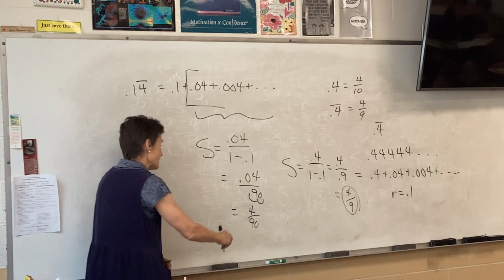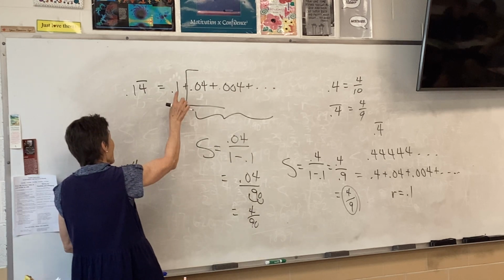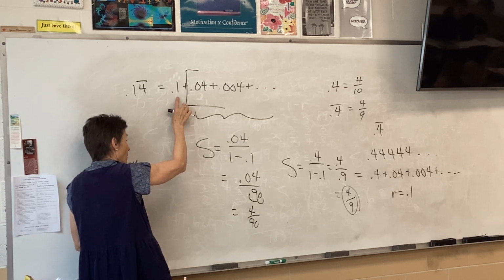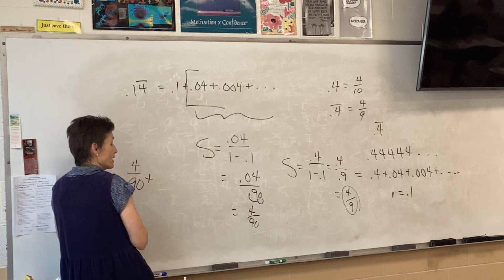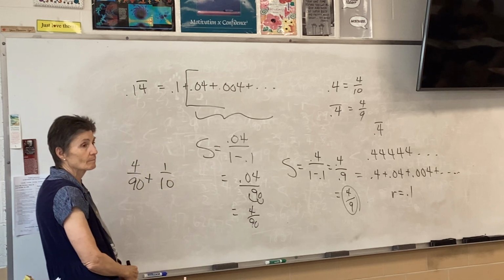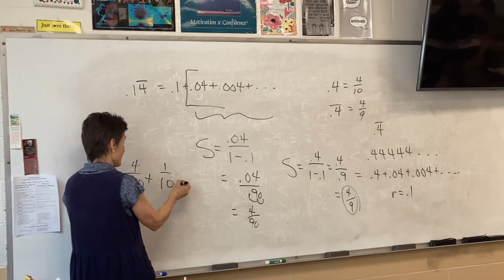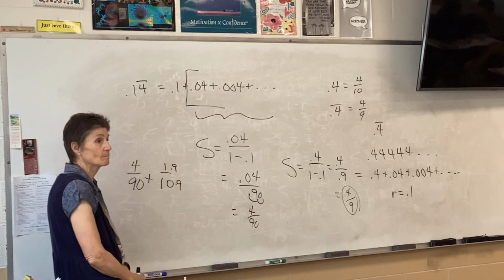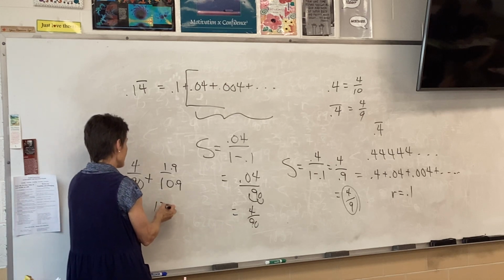Now take that 4/90ths and add the part of the number that wasn't included in the sequence, so 1/10. So we get a common denominator. And it looks like 13/90.